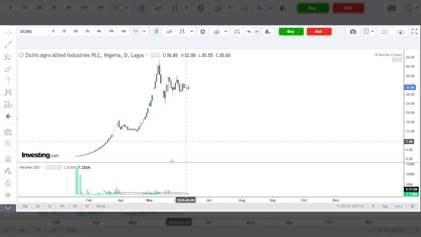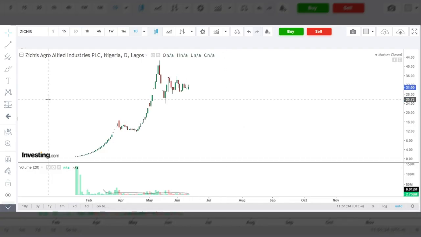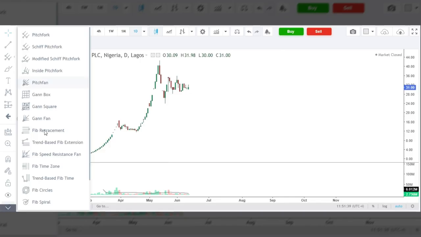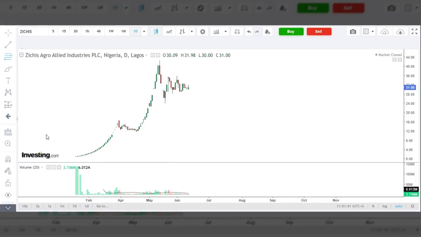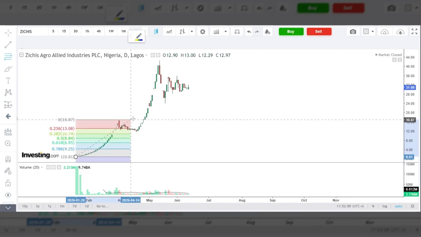All right. First of all, we'll start with the Fibonacci retracement. Even though we know that this is wave two, where my cursor is, normally we're supposed to use the retracement to know how far the market went on this bearish run.